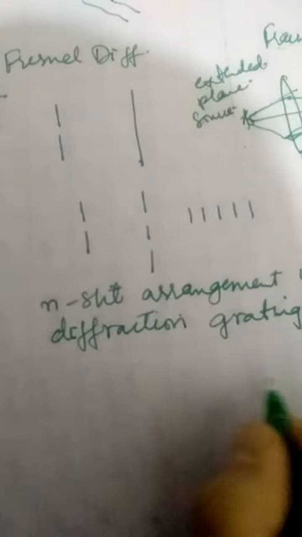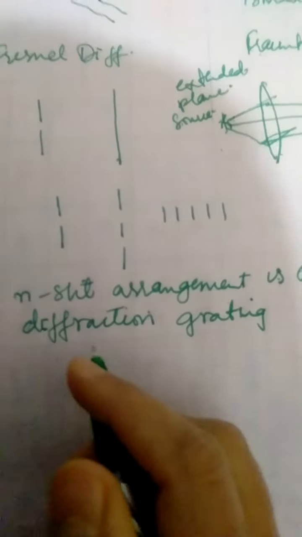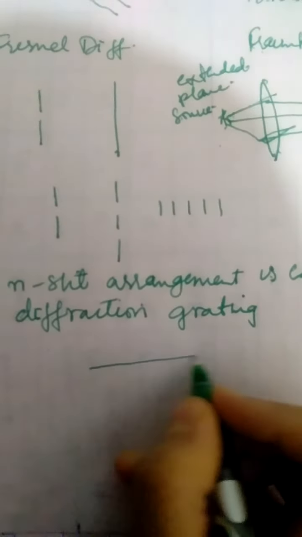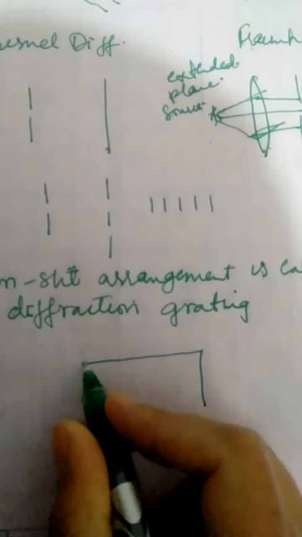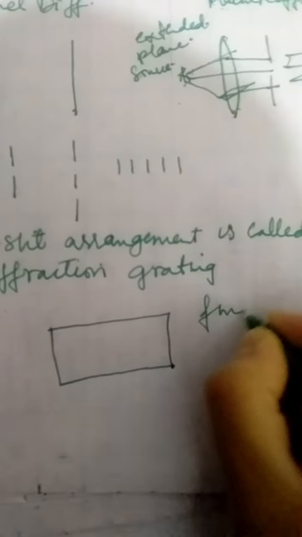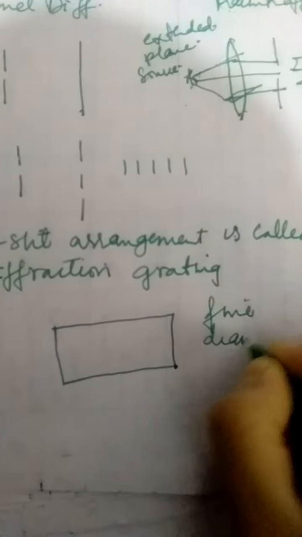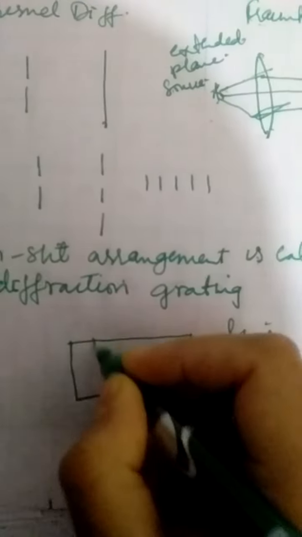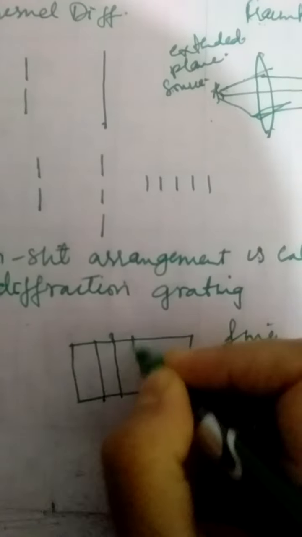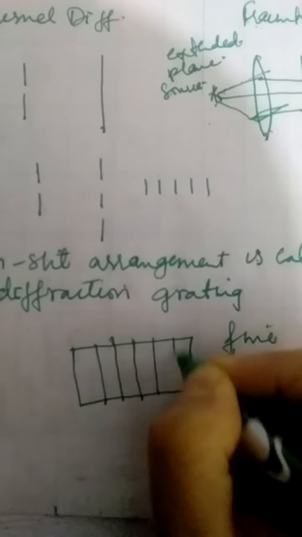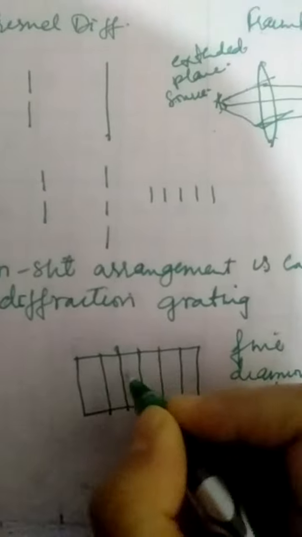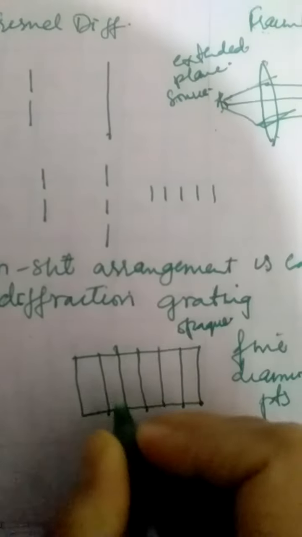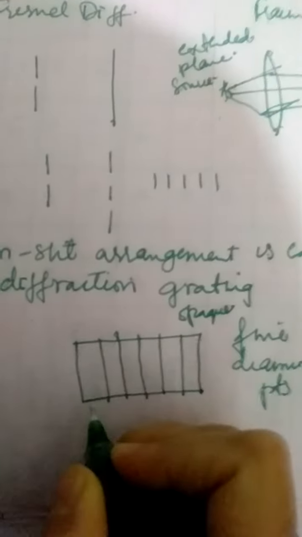Now, how do we construct this kind of an optical device? Suppose you have a plain glass plate, and by means of a fine diamond pointer, you draw some rulings on this glass plate. Obviously, these lines will become opaque, and the rest of the part will be transparent.